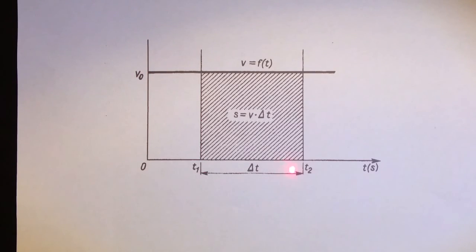So if we multiply the two sides, we'll obtain the rectangle area. And simultaneously, we notice that v times delta t is nothing but our distance. So the conclusion is the figure under the graph represents the distance covered by the moving body or the moving object.